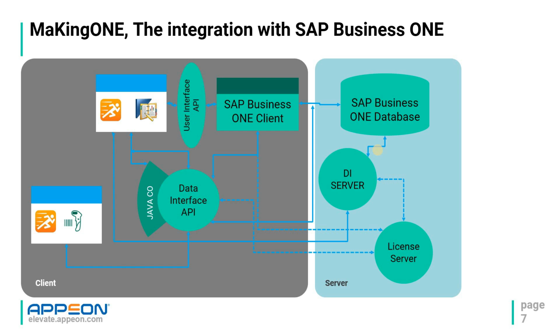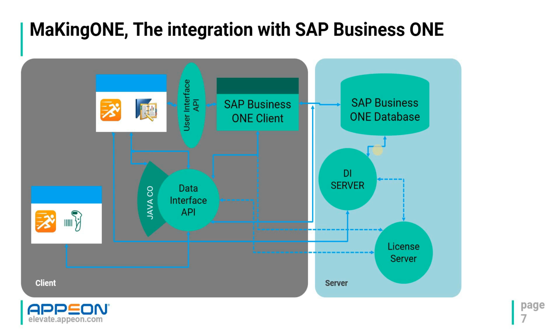The data interface API is responsible for SAP Business One entity read and write in a consistent mode. You can of course connect directly to the SAP Business One database. We do so, but you cannot write directly on the SAP Business One database with an ODBC link, for example.